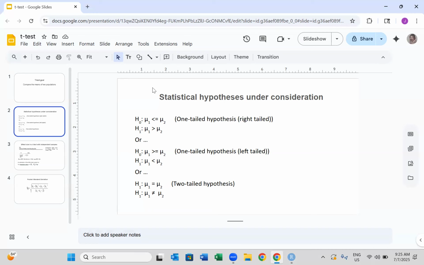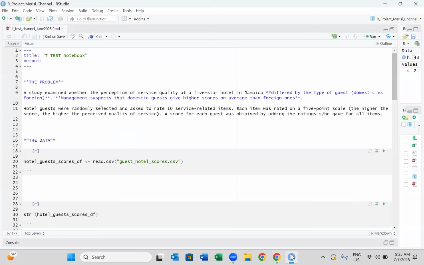All right. Knowing that, let's jump into R to show you how to do a t-test, using a specific example. Before we discuss the example, take a look at my interface and notice that I'm using RStudio, which is an IDE for R, a very convenient way of writing R code.